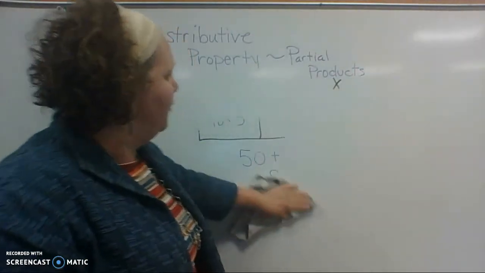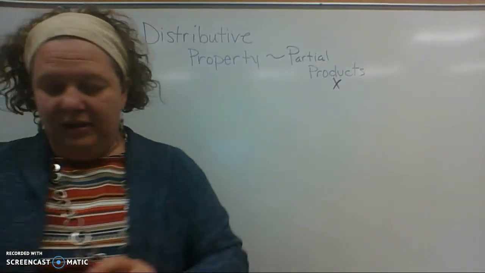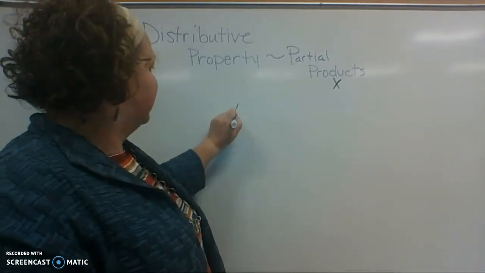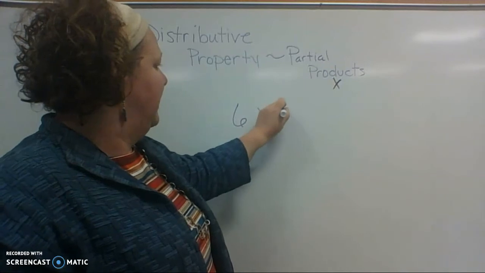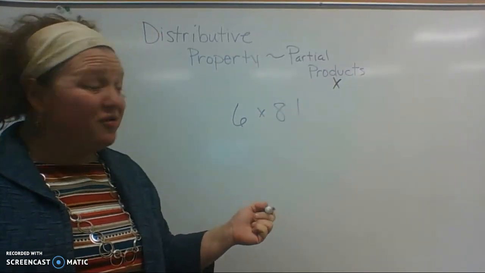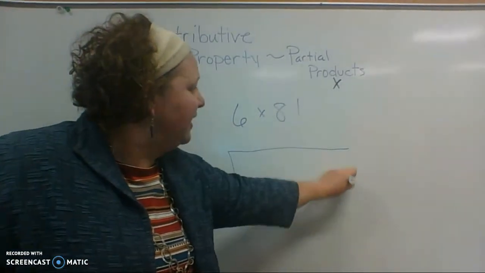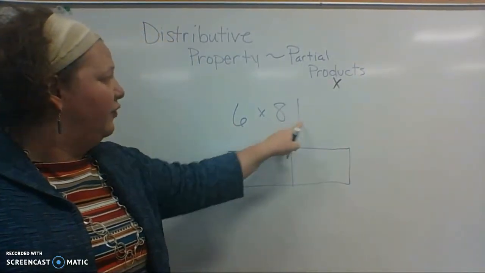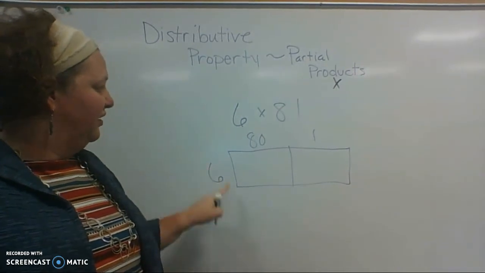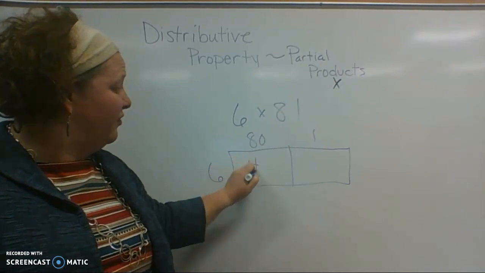So, I hope you're taking your notes. Take your notes, because notes are good. Let's try 6 times 81, okay? Looks like kind of a hard problem to do in our head, but if we use partial products by taking apart our 81 into 80 and 1, and we have our 6 over here. Well, 6 times 8 is 48, so we have 480.